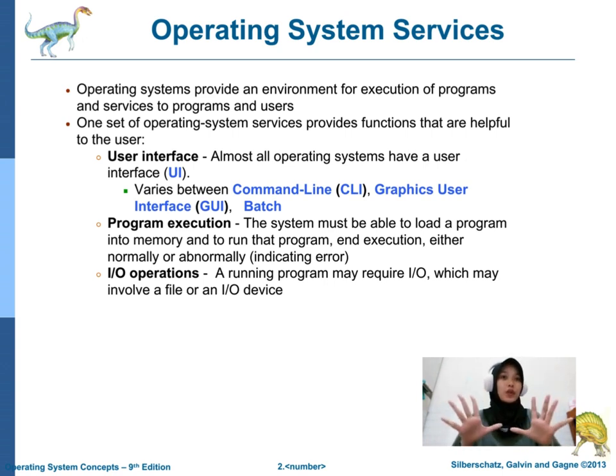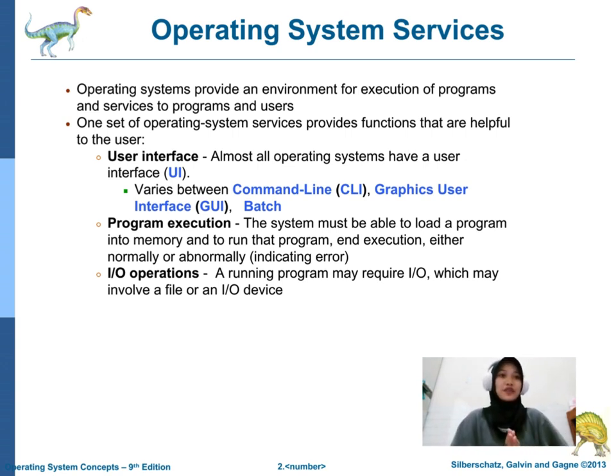So in general, an operating system can have these functionalities: one related to the user interface, another related to program execution, and the third about input output (IO) operations. And in the future, we will see more things such as file system manipulation, communication, error detection, and so on. We are going to discuss them one by one.